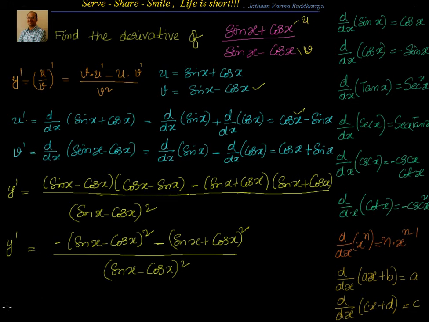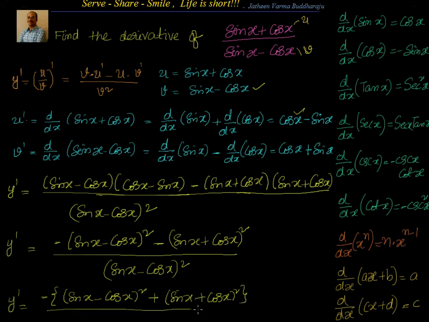Now if you take minus out, we have minus of sin x minus cos x whole square plus sin x plus cos x whole square, divided by sin x minus cos x whole square.